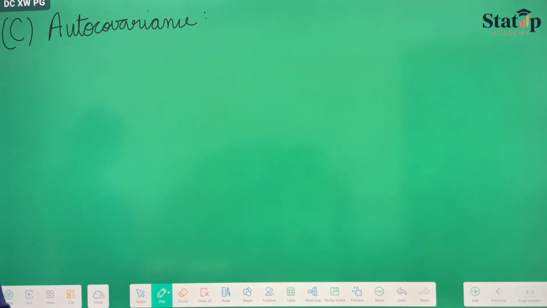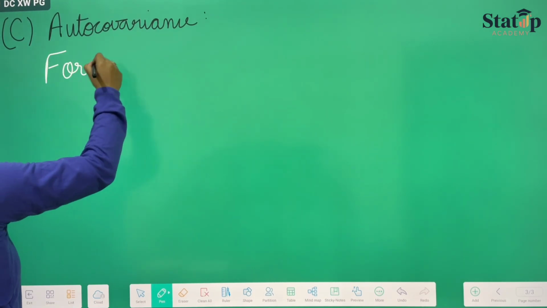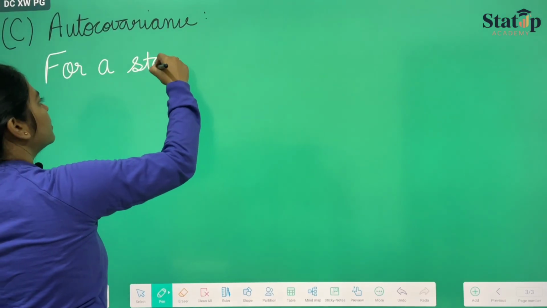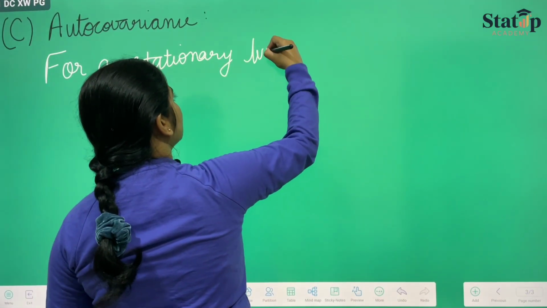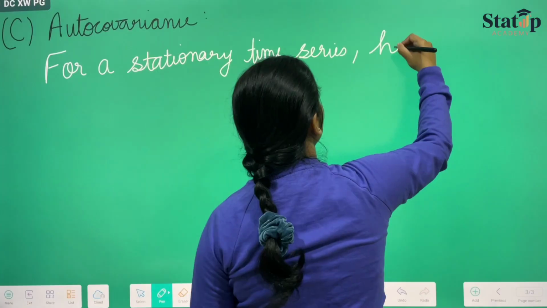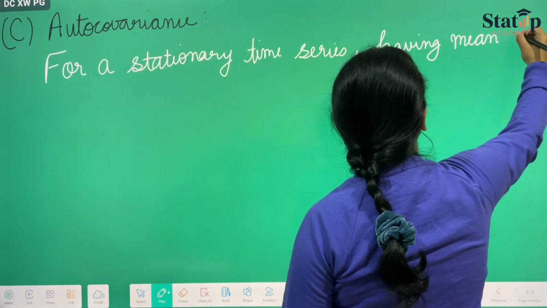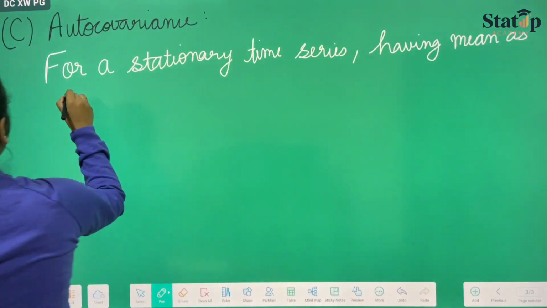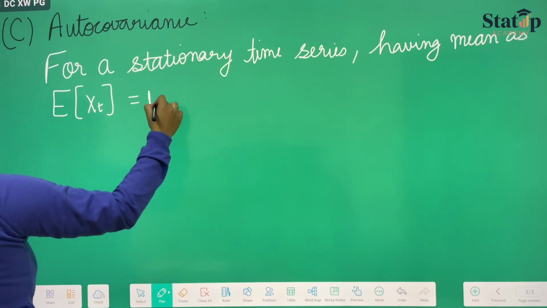So autocovariance is defined for a stationary time series having mean, expectation of xt equals mu t.